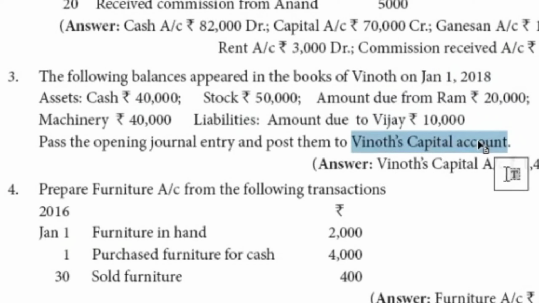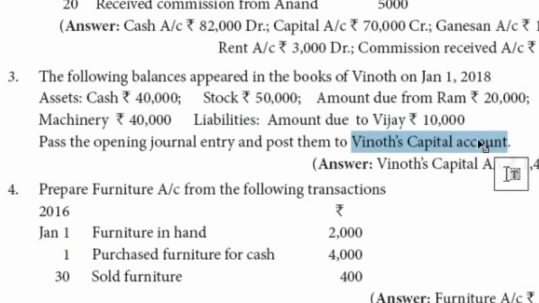One is to Vijay account, or you can use the term to sundry creditors also, because we are supposed to pay Vijay. So he is a sundry creditor. We can use that term, or we can use Vijay account directly. And then Vinod's capital. We are starting a business, therefore there is capital invested into the business.